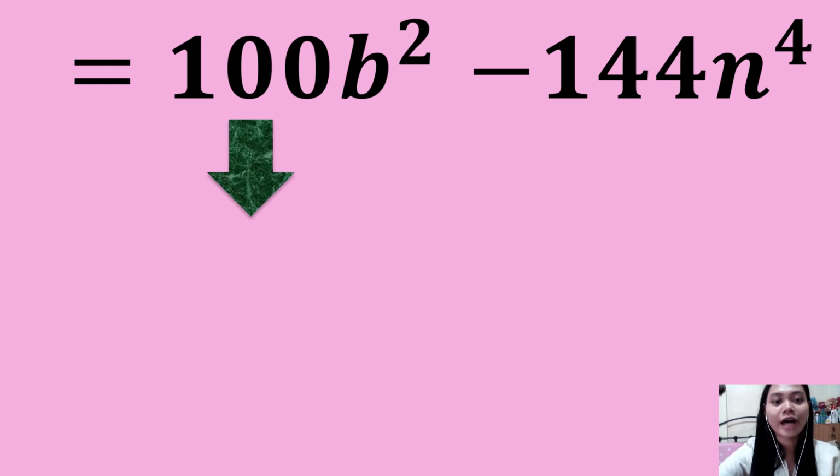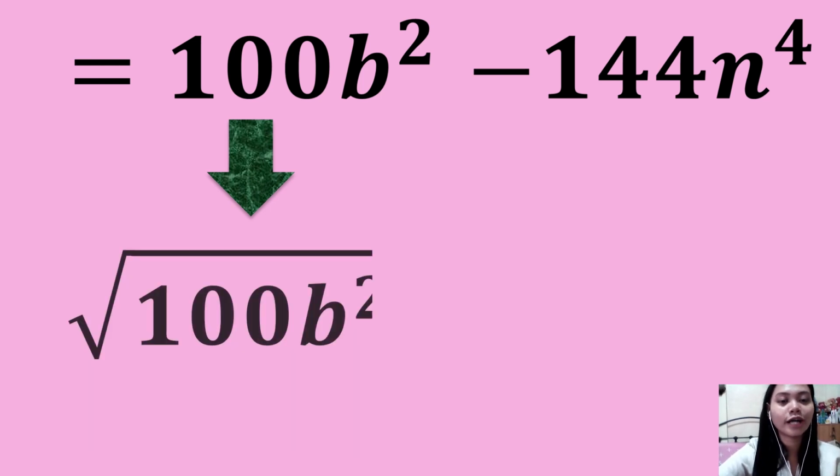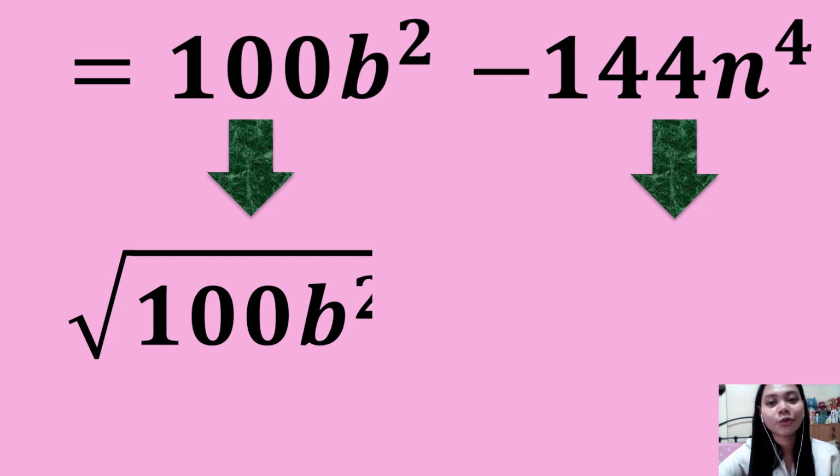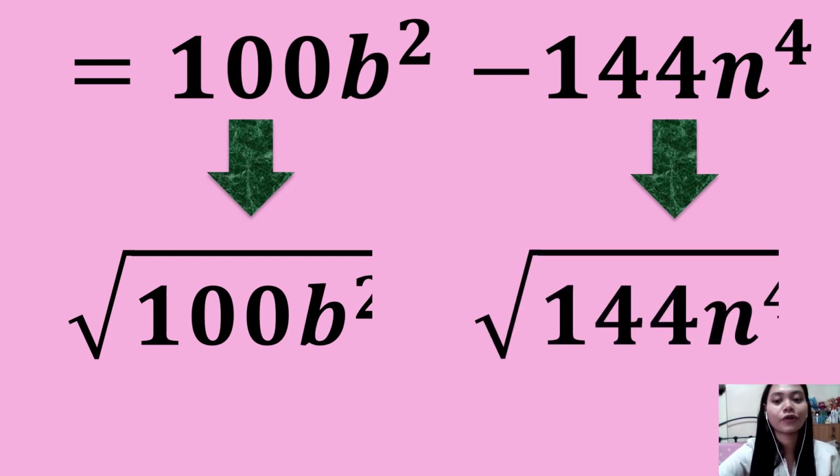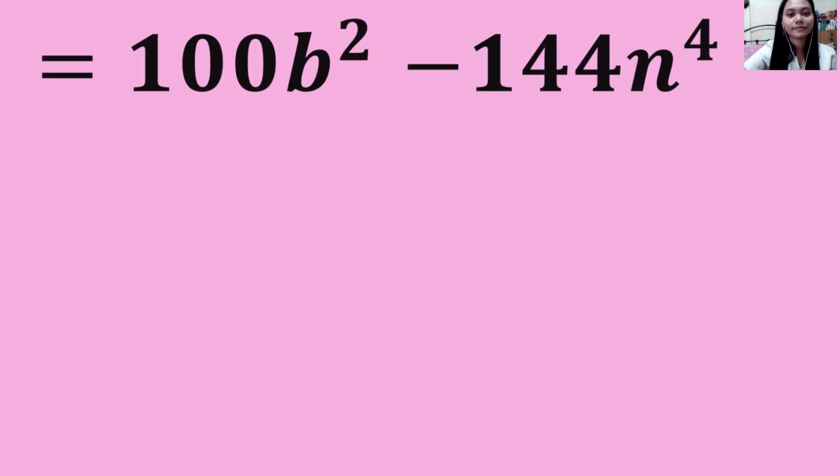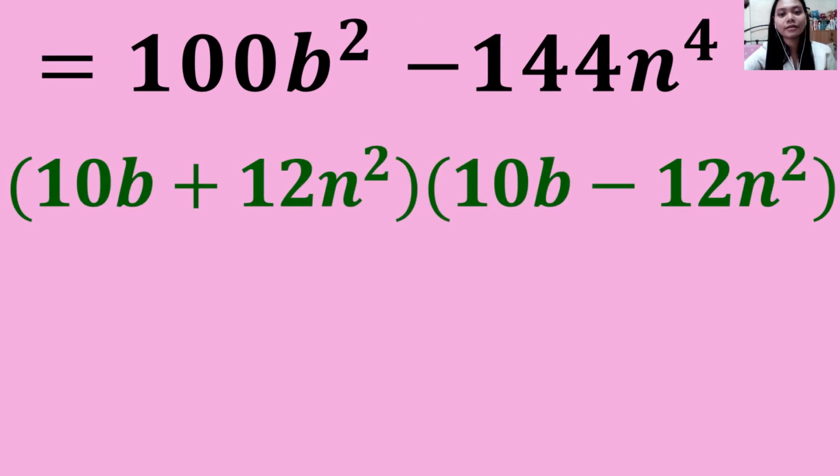First is you have to get the square root of 100b squared and the square root of 144n to the fourth. So we can express it as the product of the binomial 10b plus 12n squared and the binomial 10b minus 12n squared.